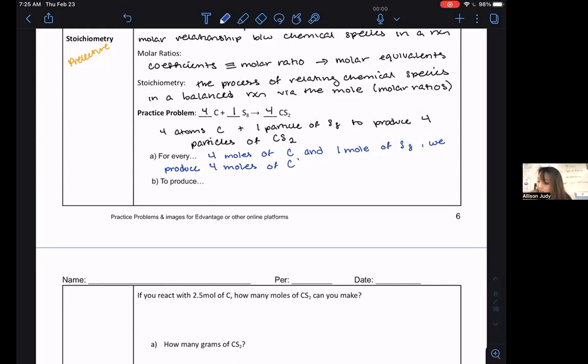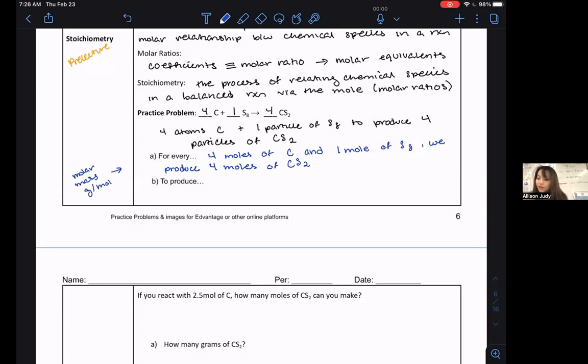And that gives us something that we can tangibly do something with in lab. Because remember, if we can figure out the mole ratio between relative chemical species, we can figure out the grams using molar mass. So now it becomes really valuable to us.